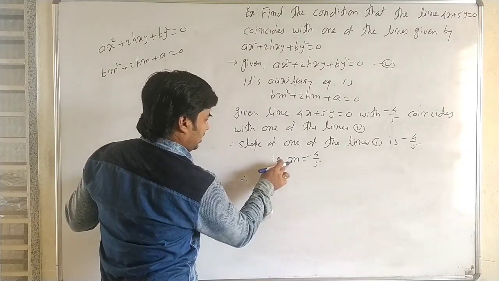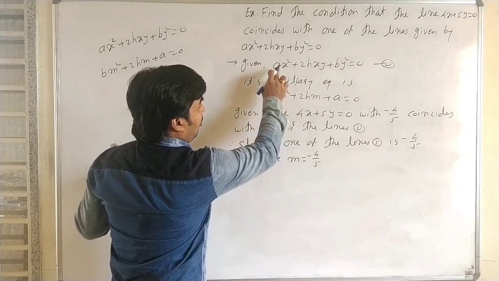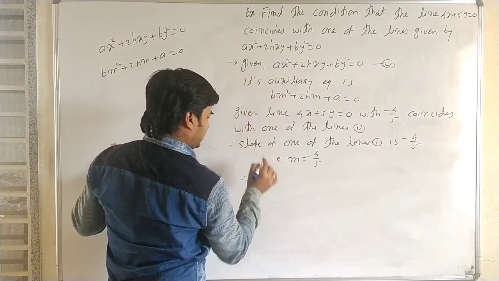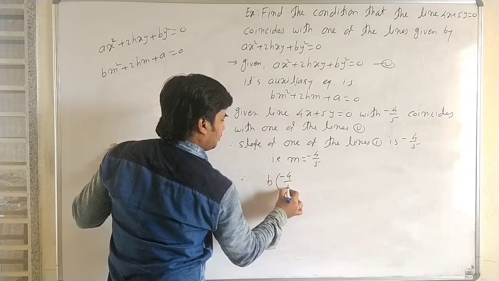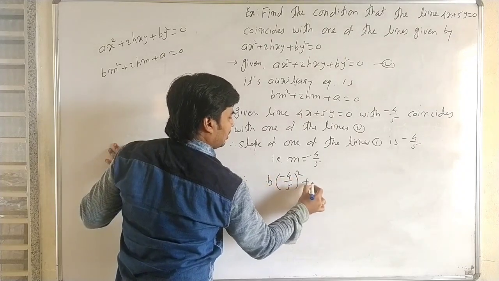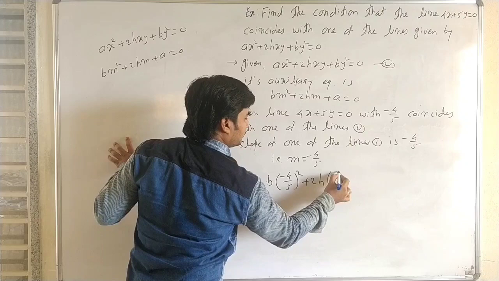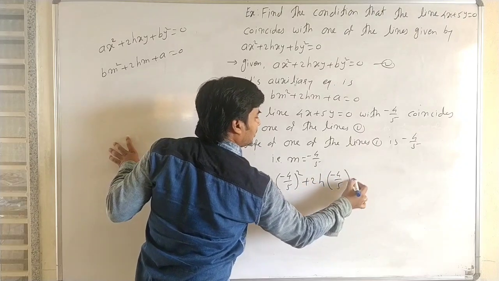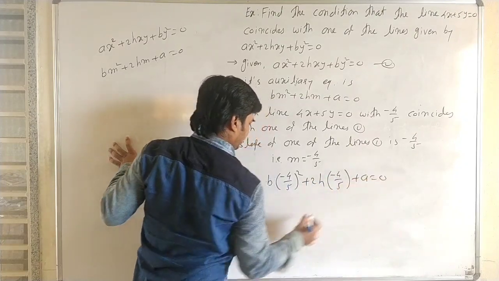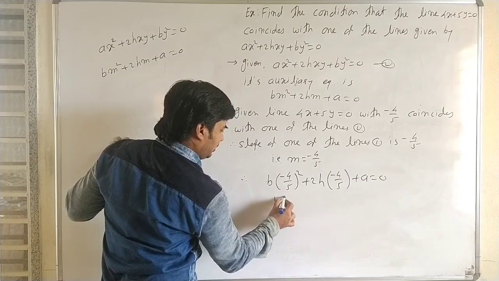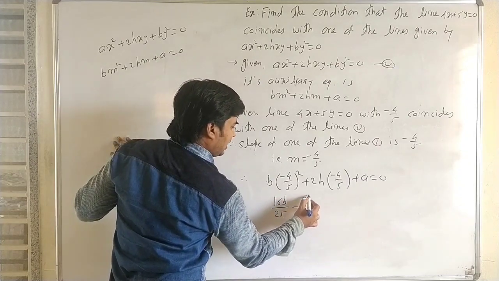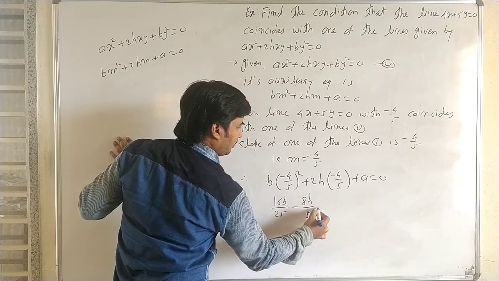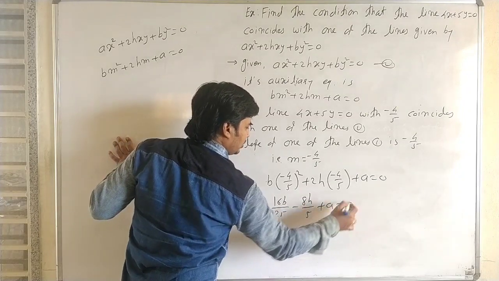Therefore, this slope of one of the lines satisfies the auxiliary equation. Therefore, b into (minus 4 by 5) square plus 2h into (minus 4 by 5) plus a is equal to 0. Then it is 16b upon 25 minus 8h upon 5 plus a is equal to 0.